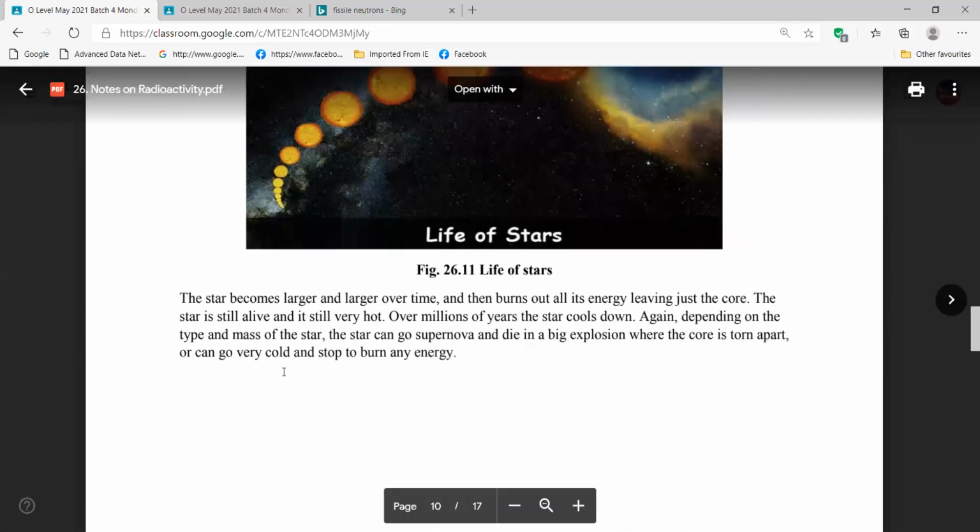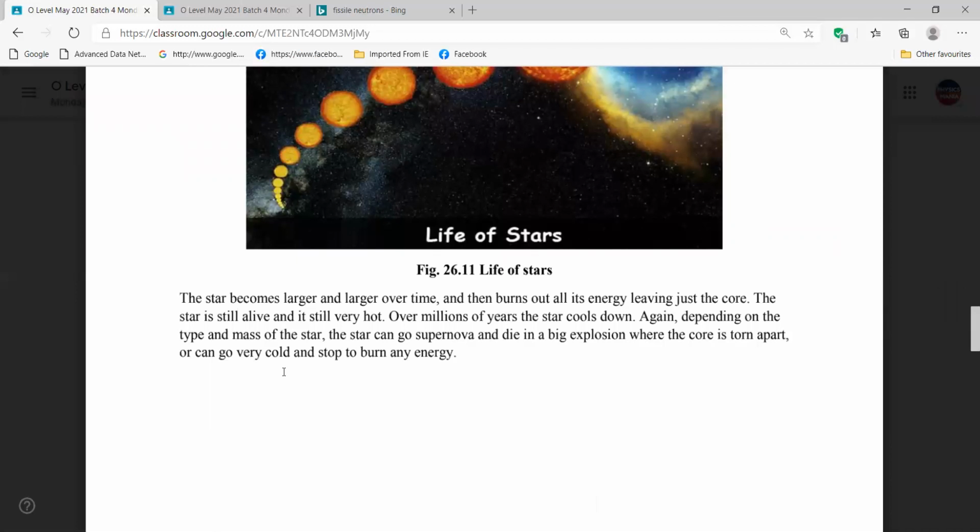So here our concern is that supernova is the last, the death moment of the star, and it depends on the mass and on the type of star. How long it will take to go supernova depends on the mass of the star, color of the star, and many other issues like size of the star.